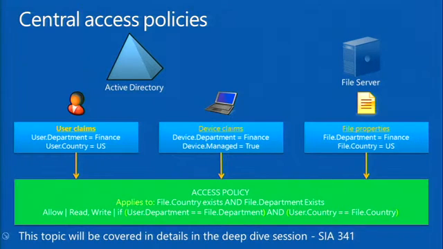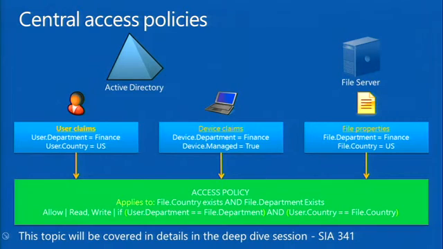So we represent the user. Then we can also represent the device the user is using. Does the device belong to the finance department? Is it a managed device, and so on? And last, we have the properties of the resource. What department is the file from? Which country, and so on. And then we can have an access control that says, allow access if the user department equals the file department, and the user country equals the file country.